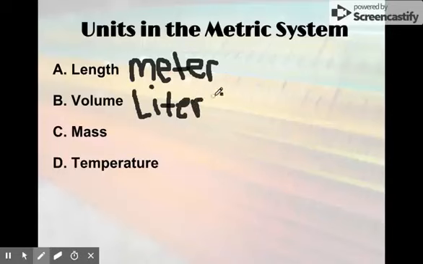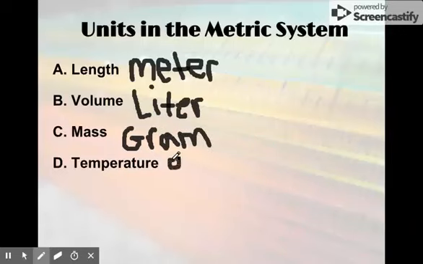And just like meter, everything is based on the liter for volume. So milliliter, centiliter, kiloliter. Mass, the most common one we come across is the gram. So a milligram, a kilogram, a centigram. And then finally, for temperature, we use degrees Celsius.